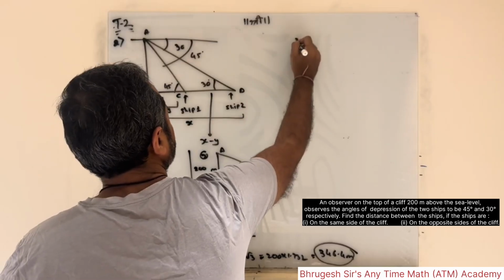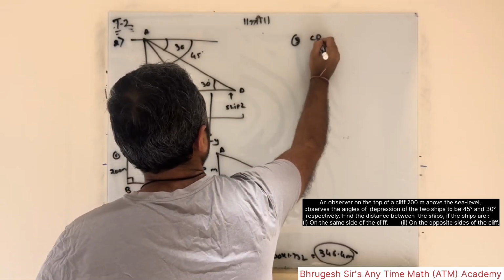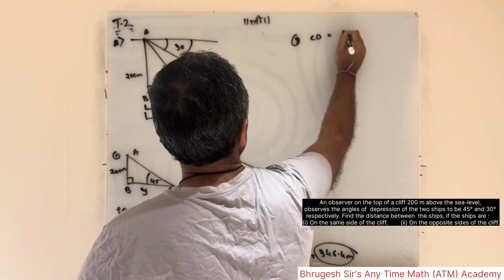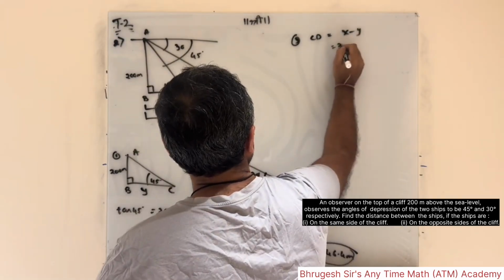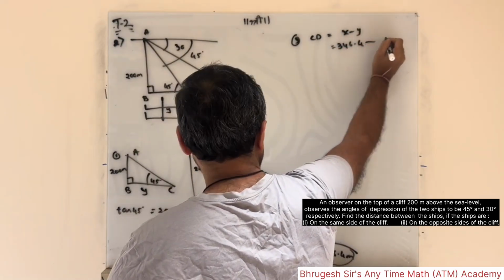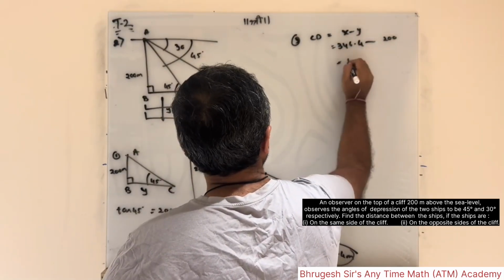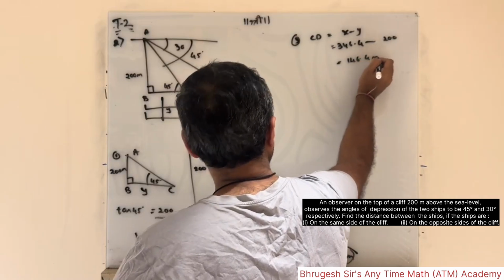Therefore, third, the distance between the two ships is 346.4 minus 200, which is 146.4 meters.